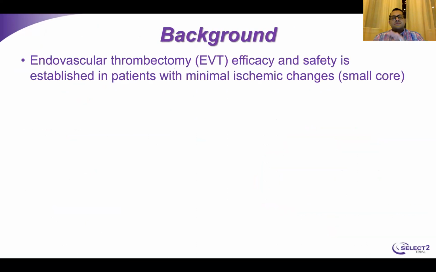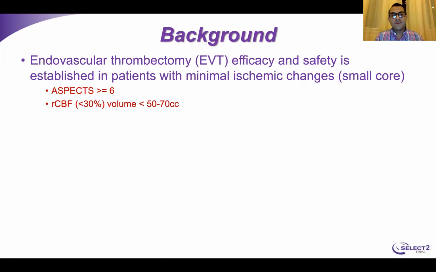Overall, we have a lot of information and a lot of positive studies on endovascular therapy, its efficacy, its safety, and we all know that it works. But all 7 randomized trials looked at patients with minimal ischemic changes, small cores. Aspects were typically greater than or equal to 6.